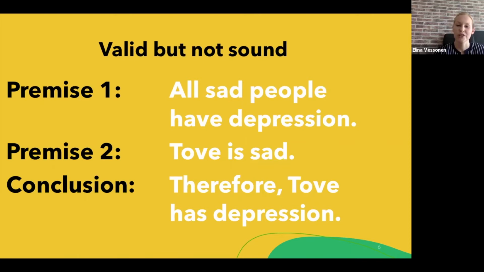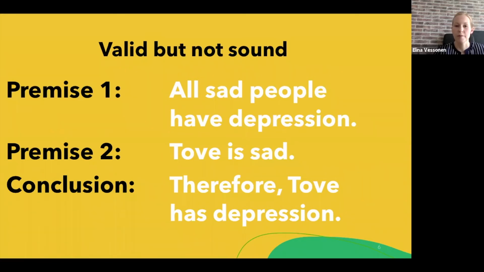And then the conclusion is that therefore Tove has depression. Now, this argument is deductively valid, but it is not sound. So as you can see, premise 1 is quite clearly false. It is not the case that all sad people have depression. And that's why we should not have faith in the truth of the conclusion either.